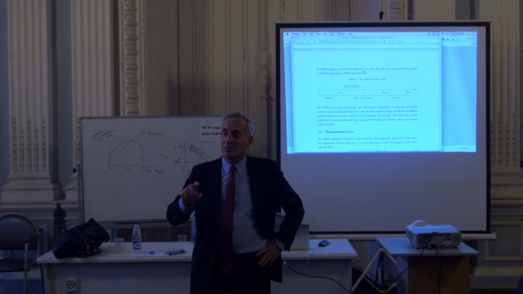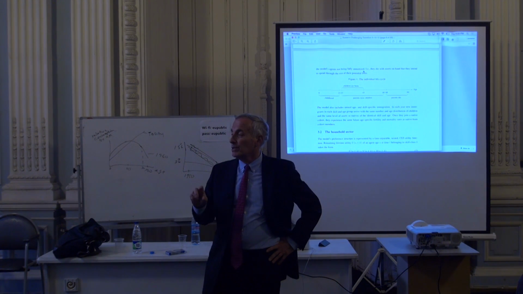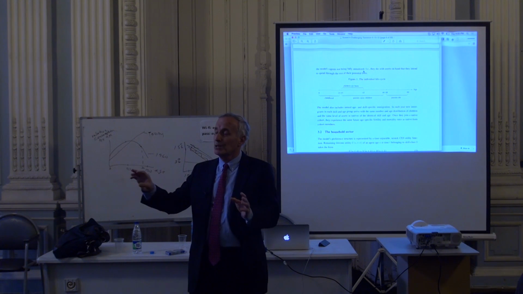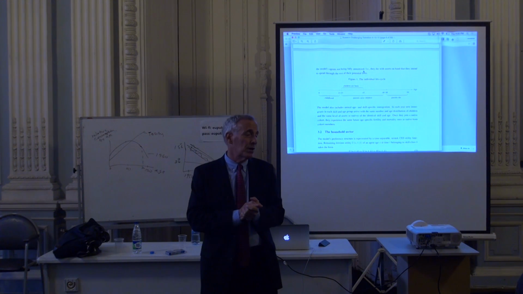So we get a stabilization of births, and eventually that leads to a stable population, a zero population growth long run, where the population is stabilized.